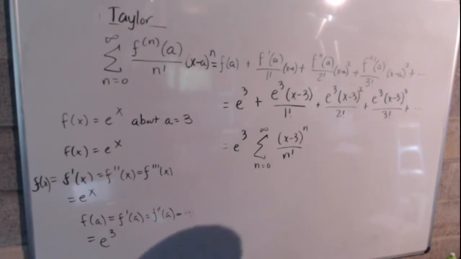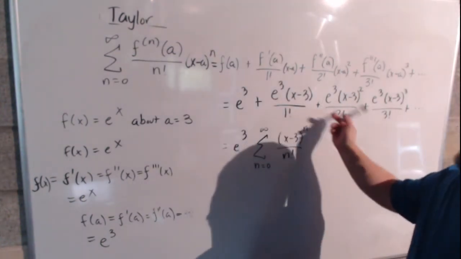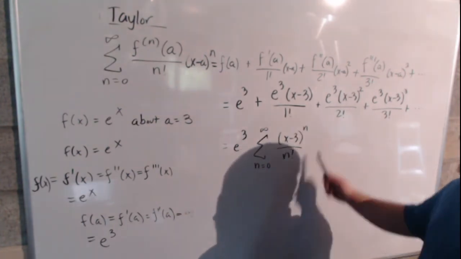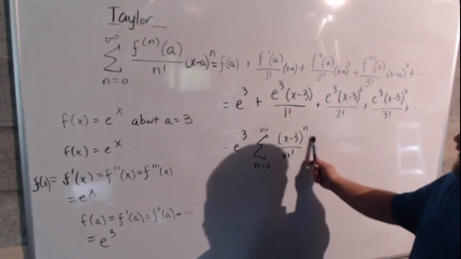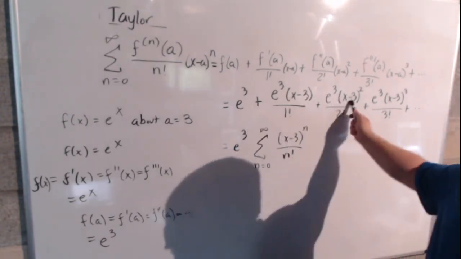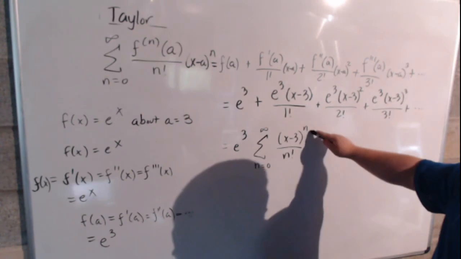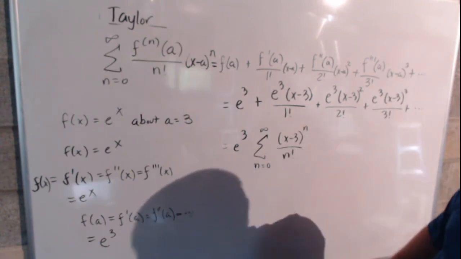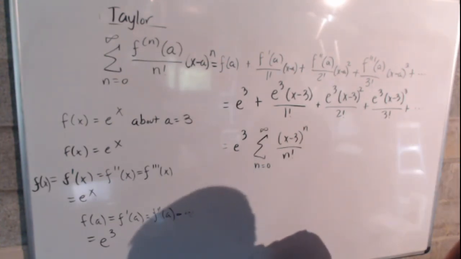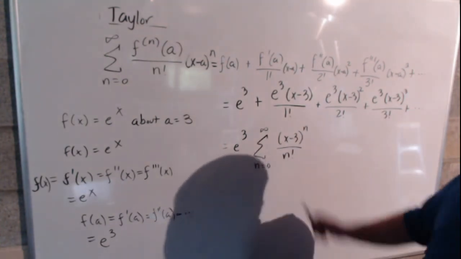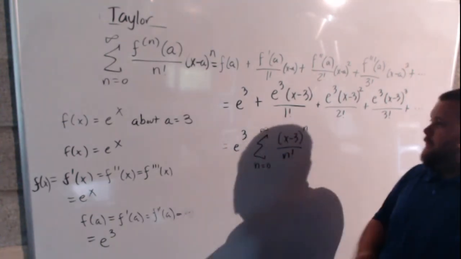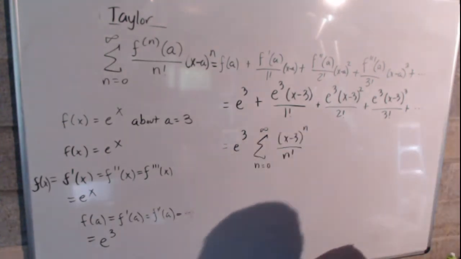Right, everything there has an e cubed in it, so I just pulled that out in front. And then this right here has x minus 3 to the 0, 1, 2, and 3. So that's x minus 3 to the n. And on the bottom we've got 0 factorial, 1, 2, 3, so on. So n factorial. So that is the closed form for that Taylor series.